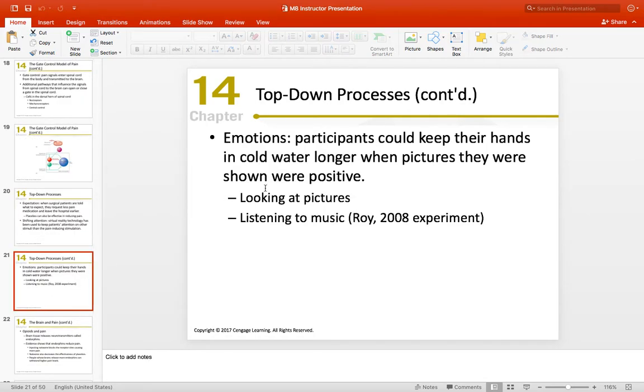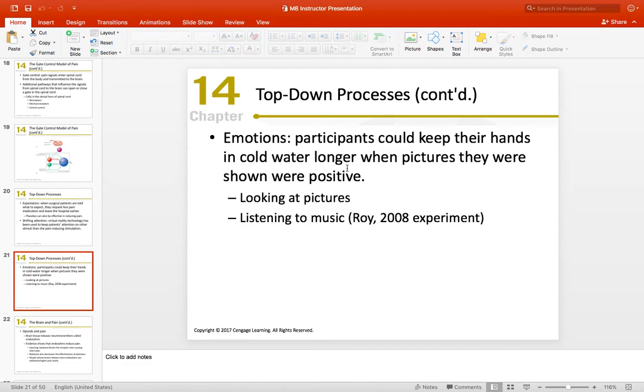You can also see emotions. Interestingly enough, you can explore this in the text a little bit here, but inducing a positive mood can actually help, at least in certain studies we can see here, help people endure pain longer. All right. So positive mood means that you can handle pain.